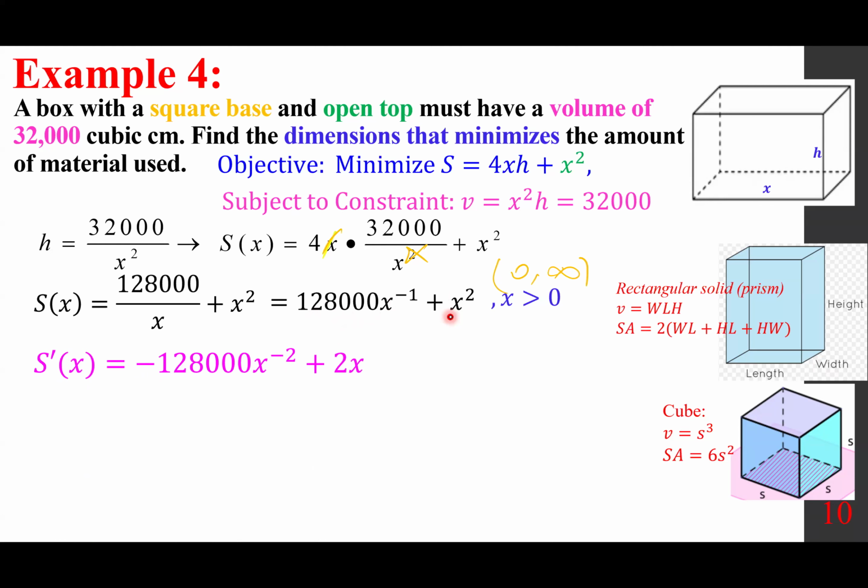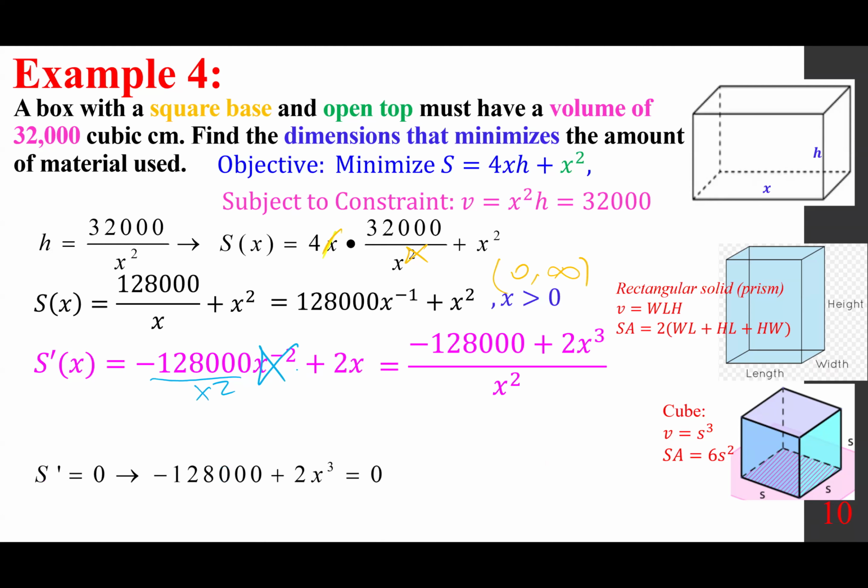To do that, we are going to combine these two as follows. We are going to write this over x squared. And when we take a common denominator, 2x changes to 2x cubed. Now, S prime is 0. That means the numerator is 0.